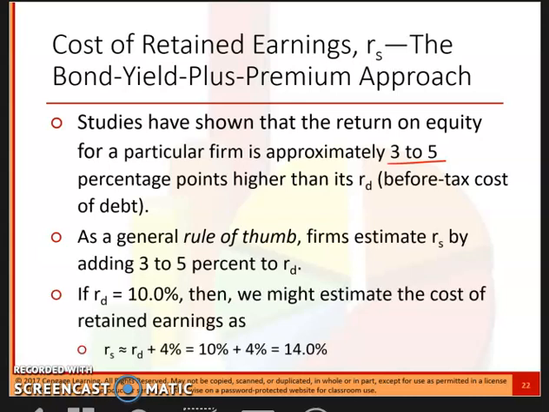So, example, if the before tax cost of debt is 10%, then we might estimate the cost of retained earnings using the midpoint, 10 plus the 4% midpoint, so 14% for our cost of retained earnings using the bond yield plus premium approach.